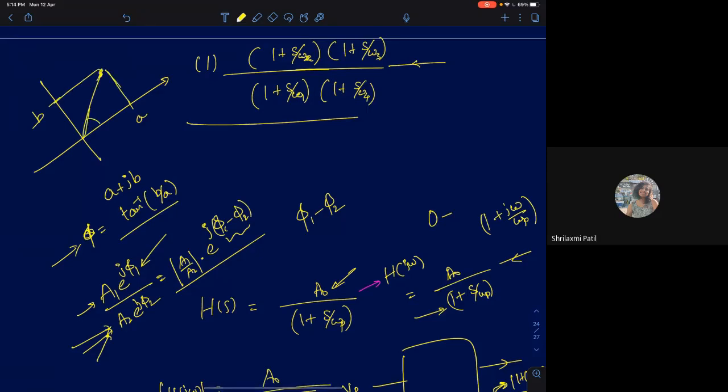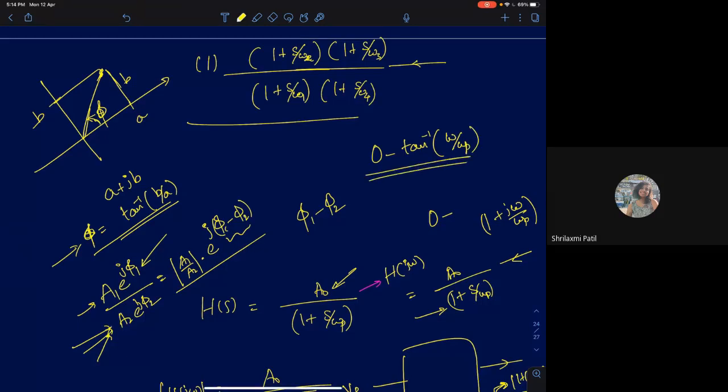So this angle here is theta, and tan of theta is b by a. So you get the phase, theta or phi, which I called phi here, as tan inverse of b by a. So using that, I can say it is 0 minus tan inverse of b by a, which will be omega by omega p. So your phase response here is minus of tan inverse of omega by omega p.